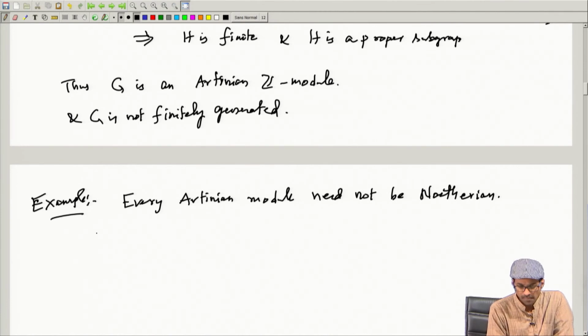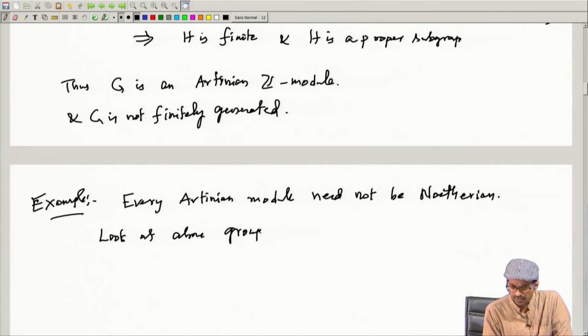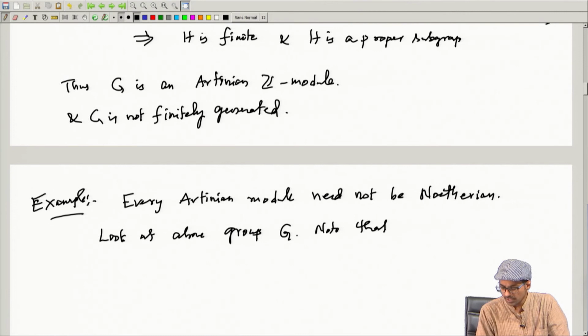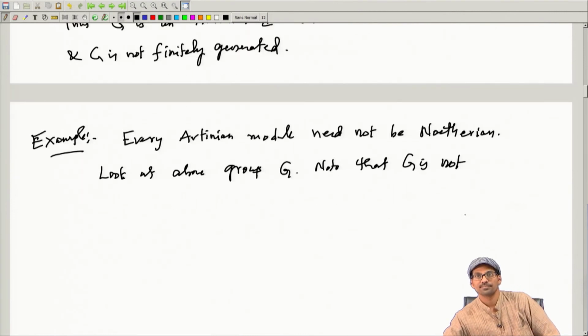For example, look at the above group G. G is Artinian. Note that G is not Noetherian.